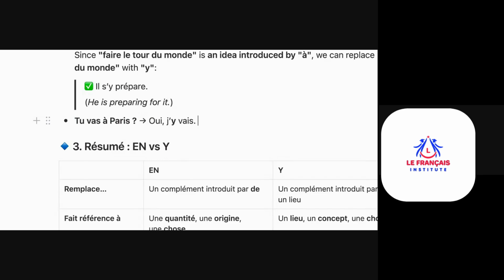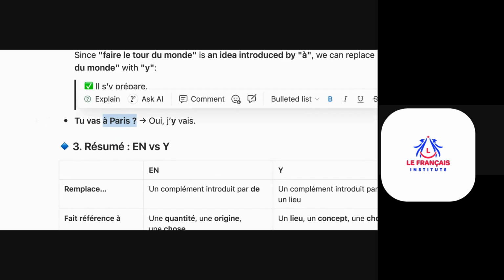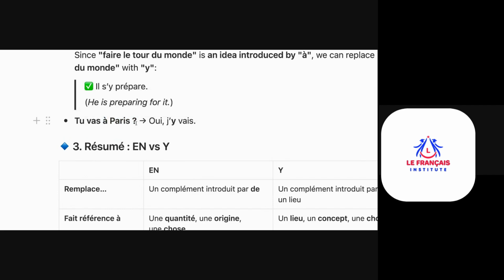Paris. And then what preposition are we using to introduce this place? To introduce this place, we are using the preposition à. Oh, there. Okay.